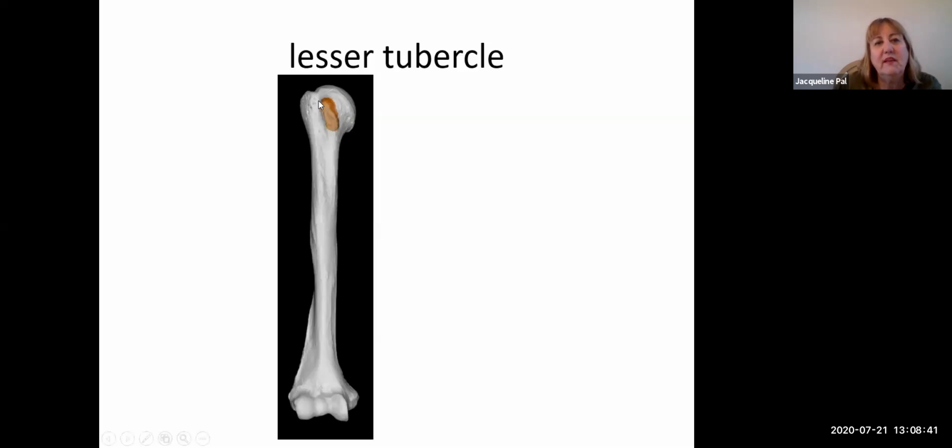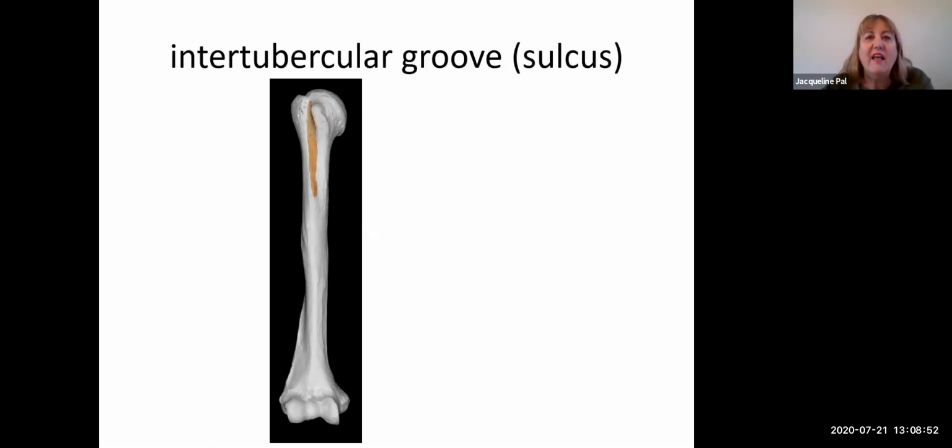In between these two tubercles, there is an indentation, a valley. Think of the tubercles as hills, and there's a valley between the two of them. That is called the intertubercular groove, or you can call it the intertubercular sulcus. What you're going to learn is there are a lot of anatomy structures that have more than one name. Names have evolved over time, trying to make them a little bit easier and more logical.